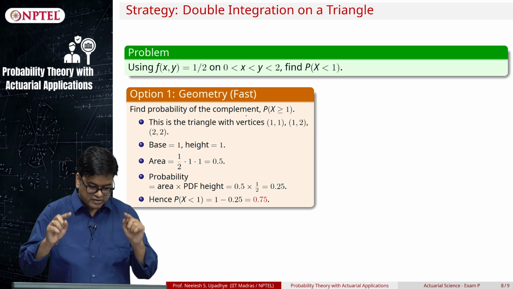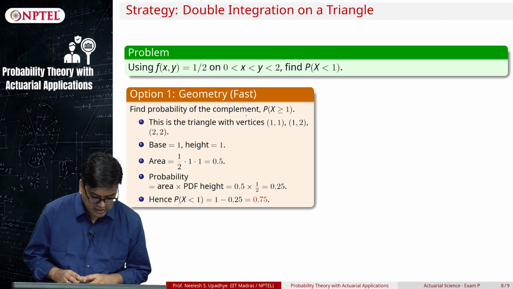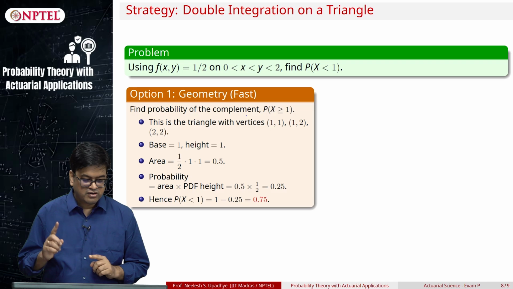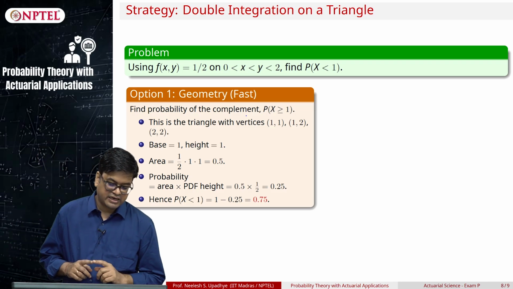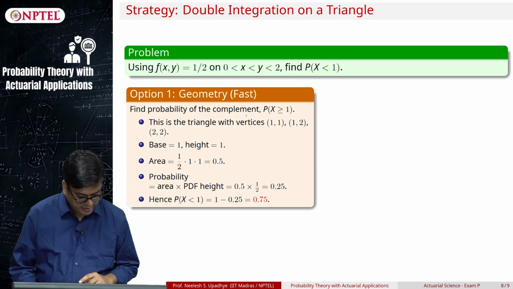You just look at the vertices of your triangle, which we have drawn in the last slide, and those vertices are (1,1), (1,2) and (2,2), and you calculate the base and height of that triangle where x is greater than or equal to 1.